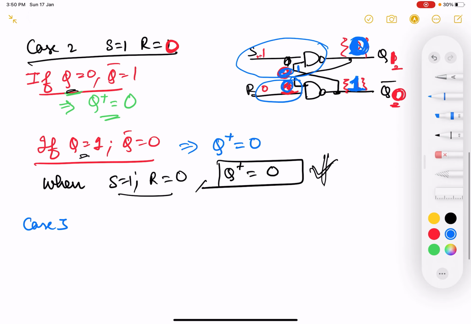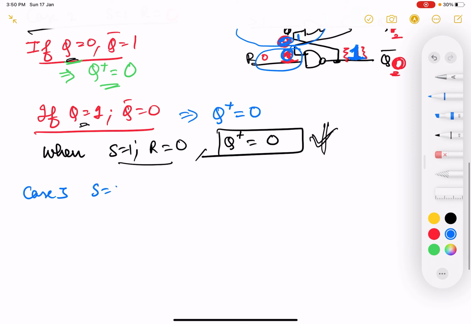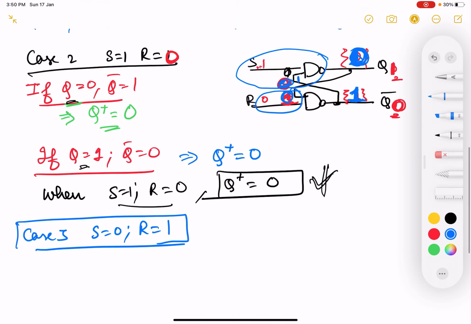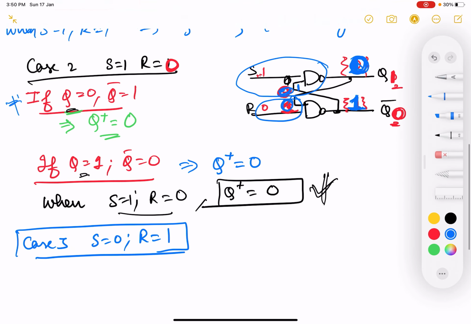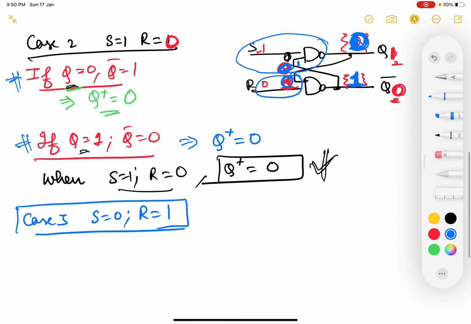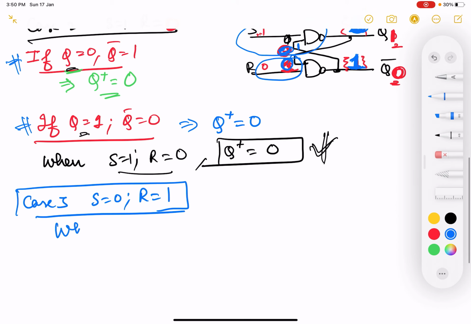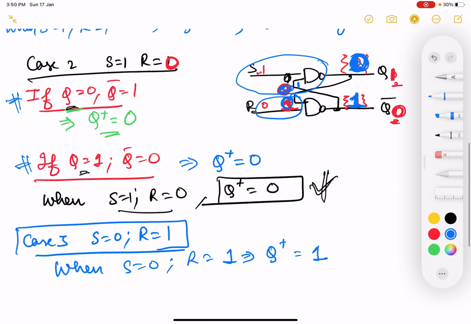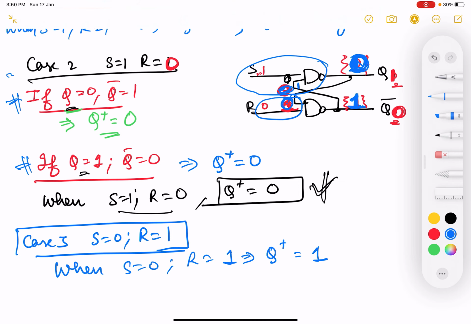Case 3, when S equal to 0 and R equal to 1, we'll again use the same steps as discussed in case 2, and here we'll get the result that when S equal to 0 and R equal to 1, the output of the new state will be 1. The procedure is same as discussed for the above case.